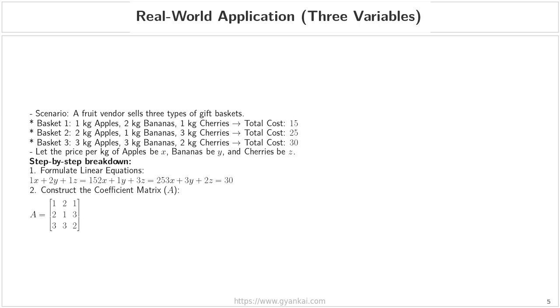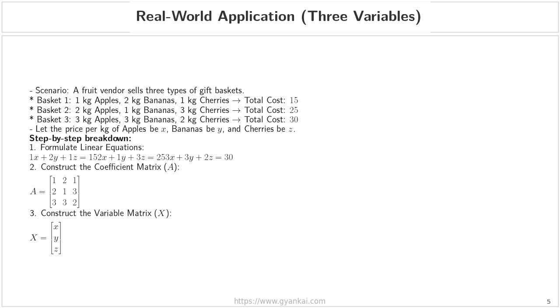The first row is 1, 2, 1, the second row is 2, 1, 3, and the third row is 3, 3, 2. Step 3. We create the variable matrix, X. As we discussed earlier, this must be a column matrix containing our unknowns, X, Y, and Z.